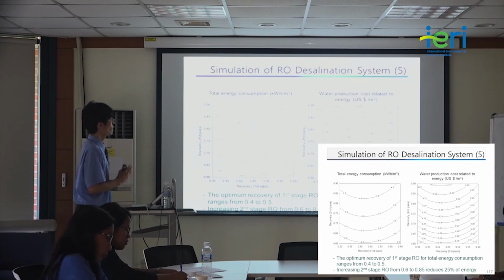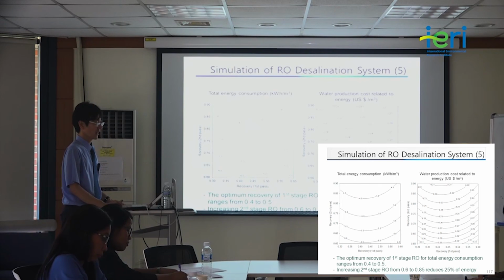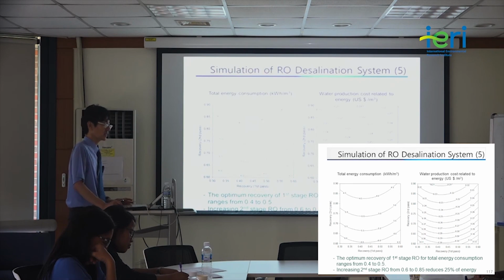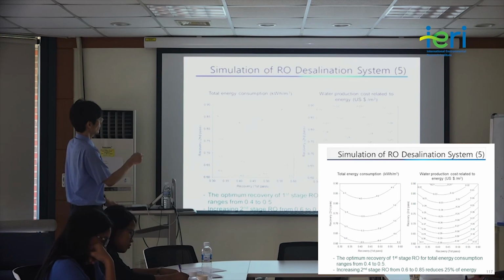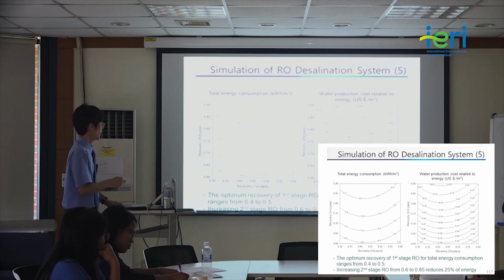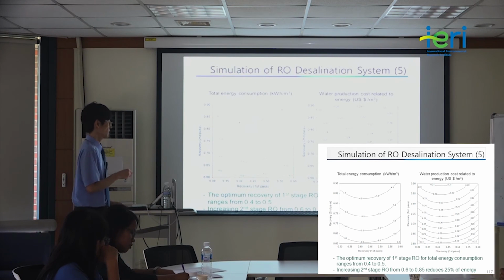So we have to combine everything to calculate this energy consumption. We have to add the energy consumption by the intake, pretreatment, first pass, and second pass. And the final result looks like that. What you can see is that when you have the recovery ranging from 0.2 to 0.5, we have this lower energy consumption.